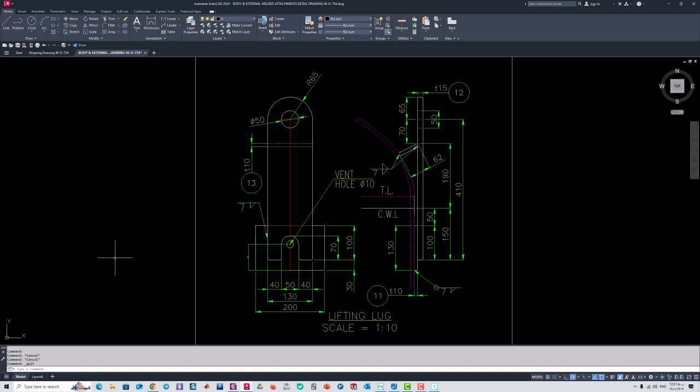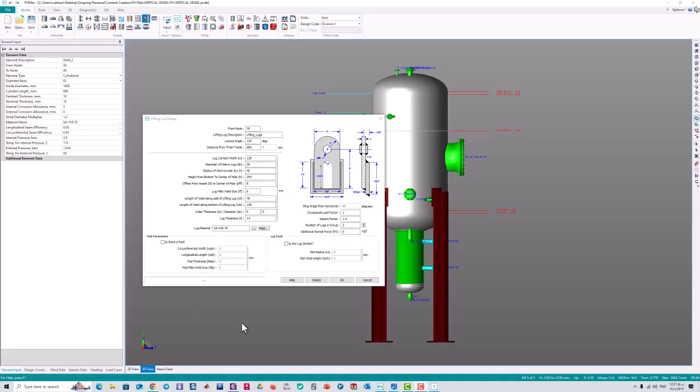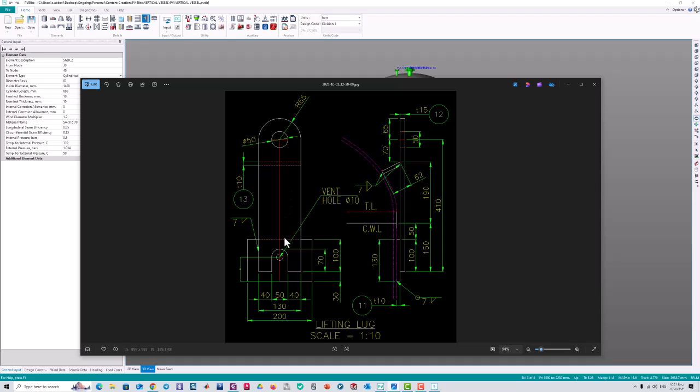There is a drawing for this lifting lug. I've taken a photo from it, and it helps me to calculate the center of the weld group. 30 plus 100 is the pad of the lifting lug.